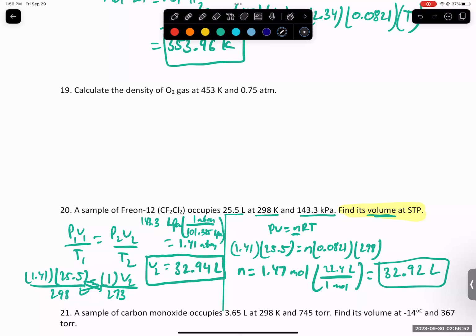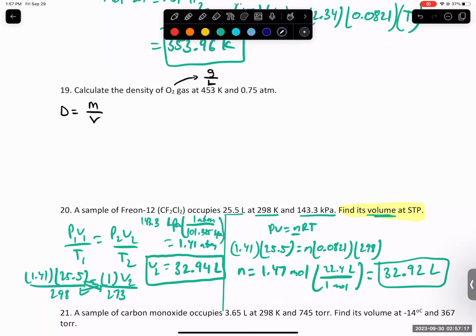Because mass can be in microgram, gram. Gram per liter is the unit of density for a gas, okay? So we're asked to calculate the density of O2 gas. Well, we know that density equals mass divided by volume, right?